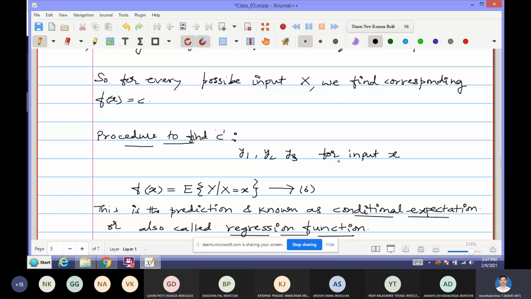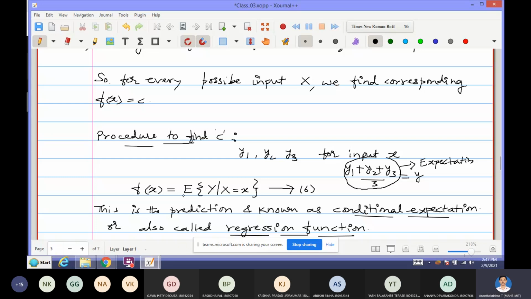The best thing to do is take the average, because the quantity that minimizes the squared error in the previous equation 5 is the average value. So we assign (y1 plus y2 plus y3) by 3 as the corresponding y. Correct? The average basically represents the expectation of a random variable. Average means expectation, right?